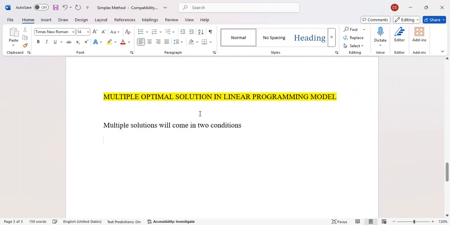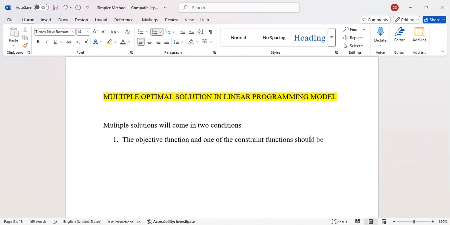The first one is the objective function and one of the constraint functions should be parallel to each other. If this is the condition, then you can find multiple optimal solutions.